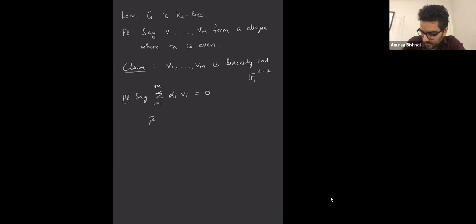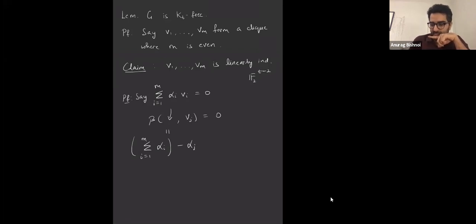So beta of this sum with vj is equal to 0, but it's also equal to the sum of all alpha i, i equal to 1 to m, minus alpha j, right? Because note we have a clique, which implies that beta of vi, vj is 1.